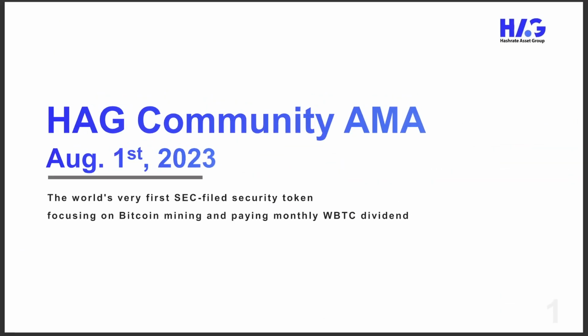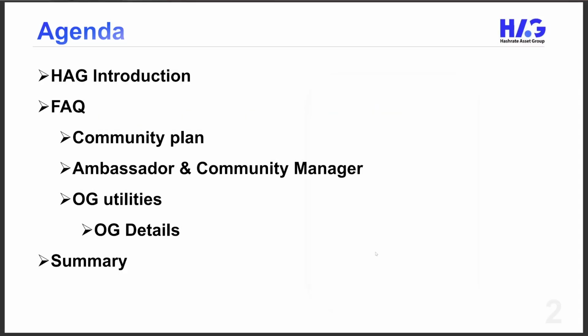So today is our third Community AMA, and let me first share our agenda. Today we'll first talk about the HAG introduction, since for some of you this may be your first time joining our Community AMA.